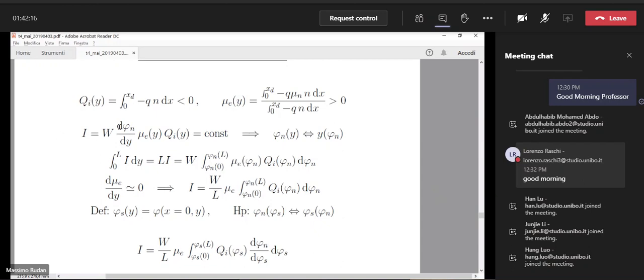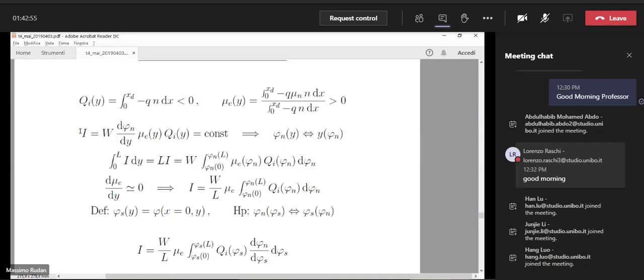It is a differential equation that becomes separable. Why? Because we can bring dy to the right. So we have that the left-hand side depends only on y. The right-hand side is W d phi n times a function of phi n times another function of phi n. So this equation, by this trick of inverting phi n of y, becomes separable.